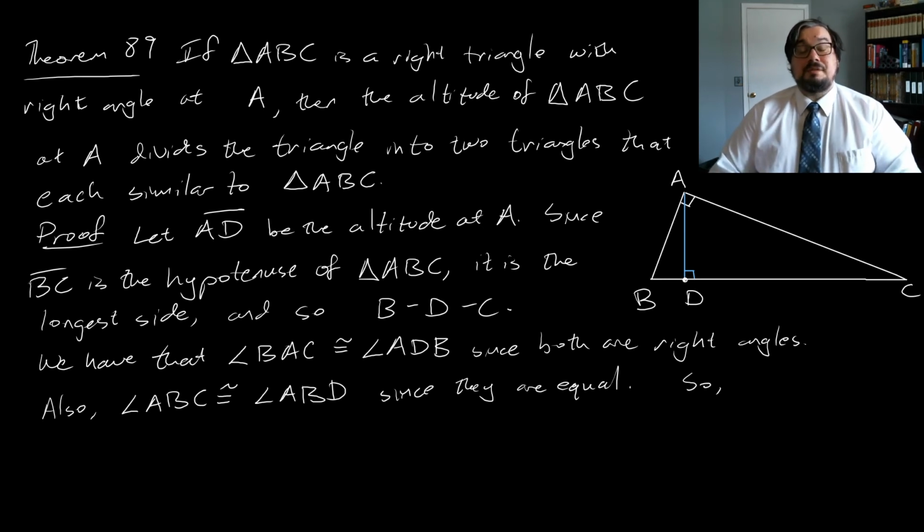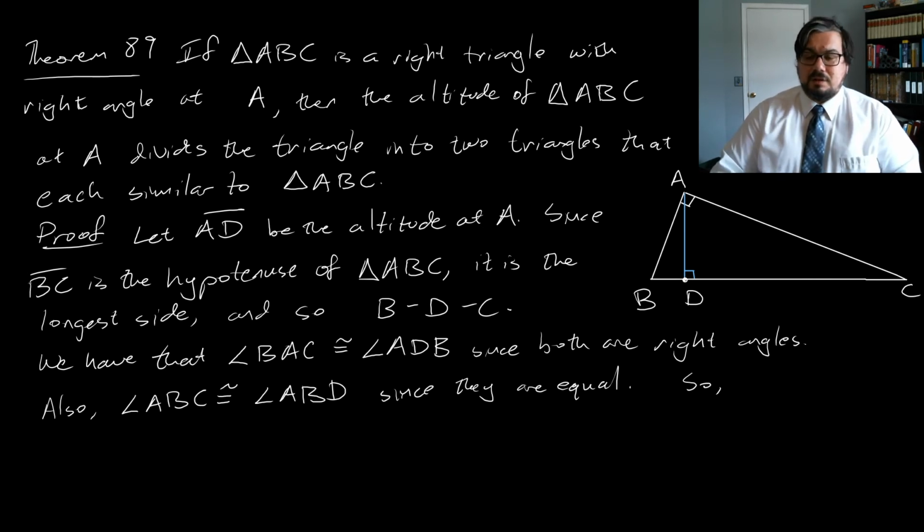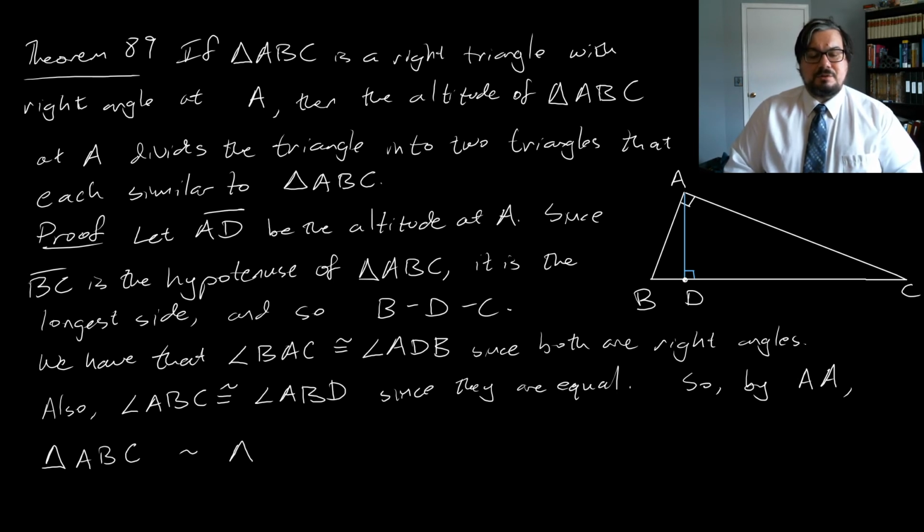So that's enough to show that we've got similar triangles, because that shows that between a couple of triangles we have two pairs of congruent angles. So by angle-angle, we have that one of our triangles, ABC, is similar to triangle.